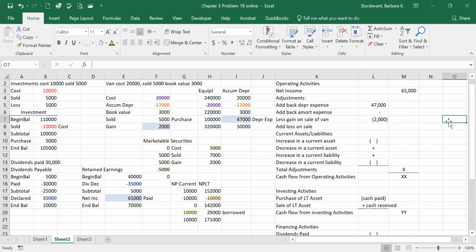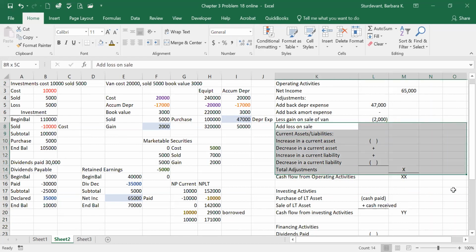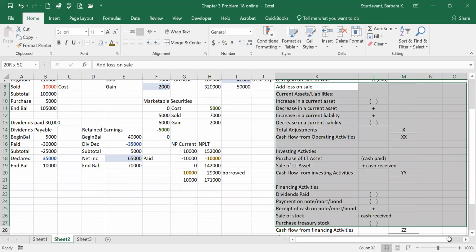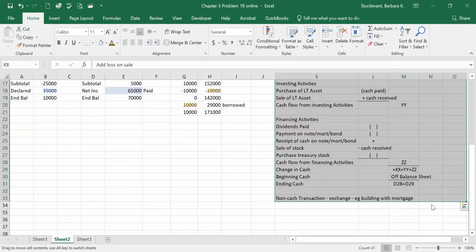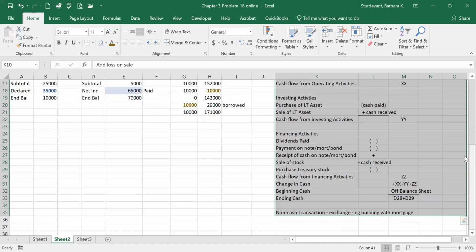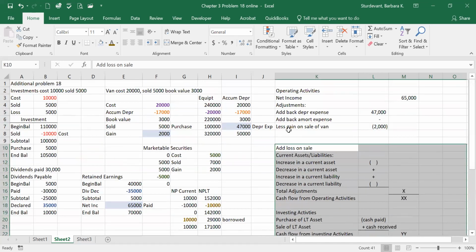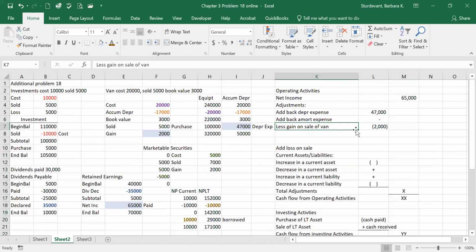You also have a gain in the sale of marketable securities, which was 2,000 again. Okay.